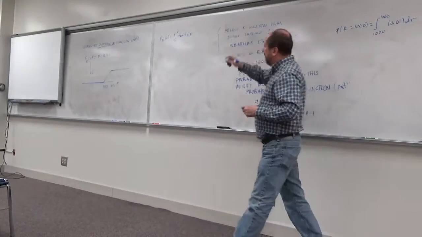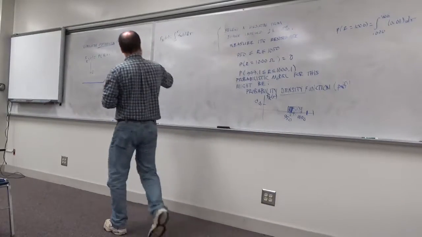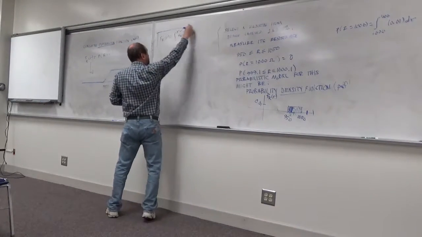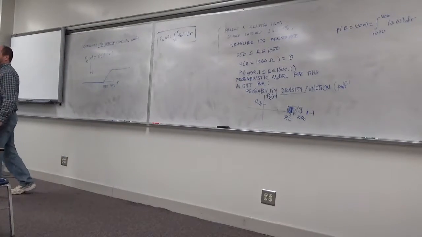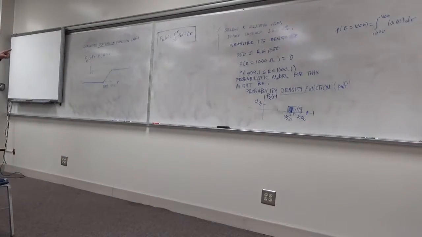Okay, so there is the relationship between the density function and distribution function. Y'all have seen an integral like that before, many times. It's called a running integral, right? Why is it called a running integral?